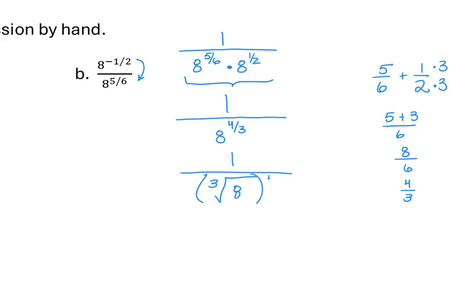And my numerator of the exponent is going to stay on the outside as an exponent. Okay, if we take the cube root of 8, we get 2. And we can raise that to the 4th. And 2 to the 4th is equal to 16. If we do 2 times 2 is 4, times 2 is 8, that's our cube, and times 2 is 16, which is our 4th power.